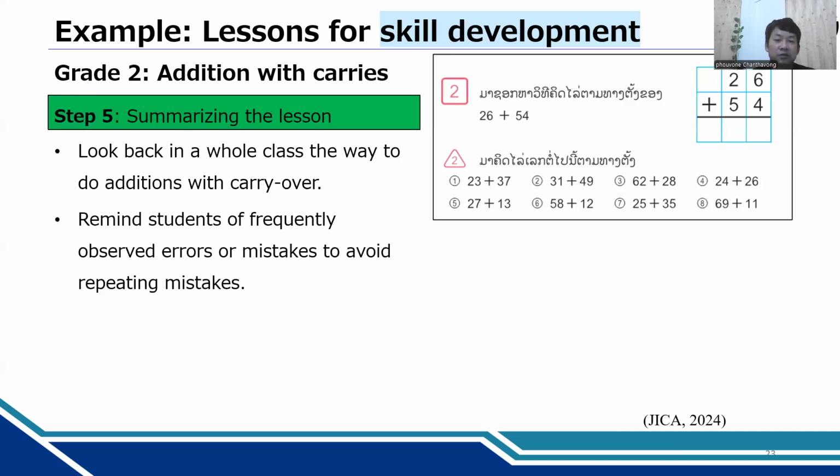Ask students to look back in the class at how to do the addition, the fast and simple way, and what method they will use. The teachers remind students to observe that doing this is a kind of error, doing this is a mistake. So ask them to be aware of that and try to avoid repeating the same mistakes of what they have already learned.